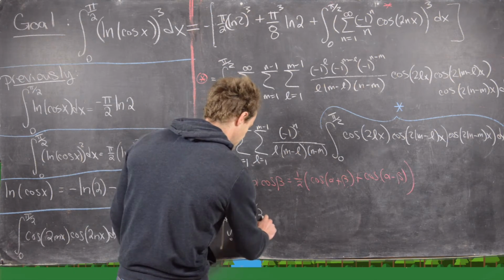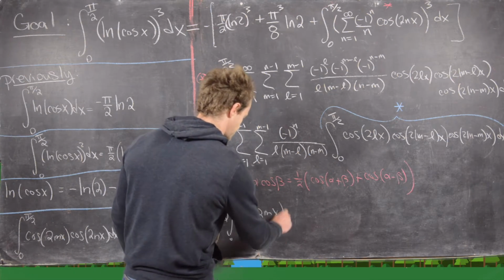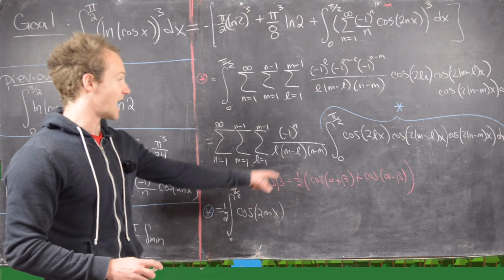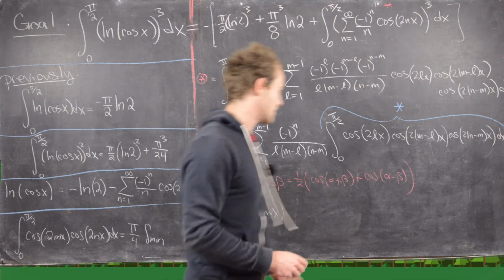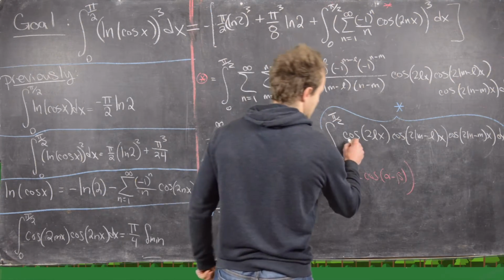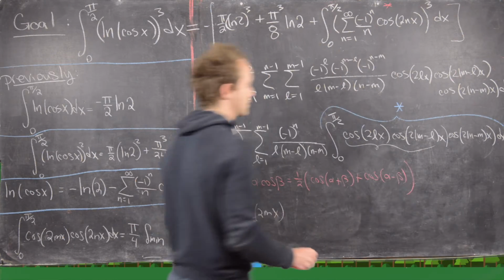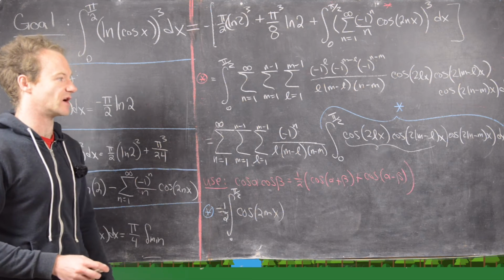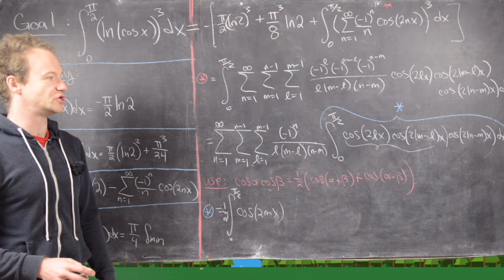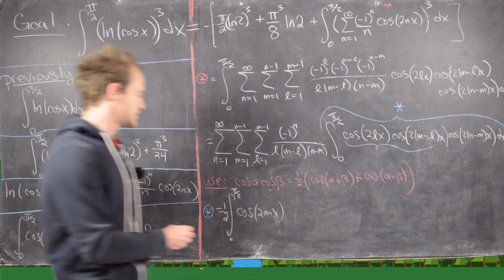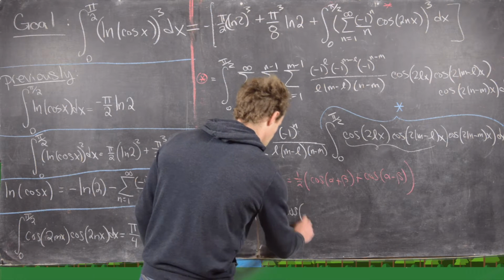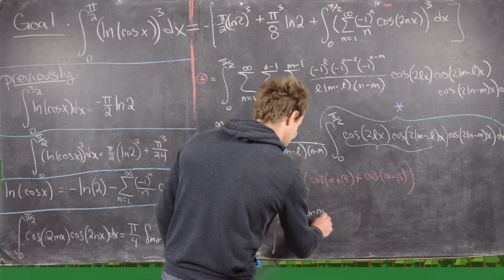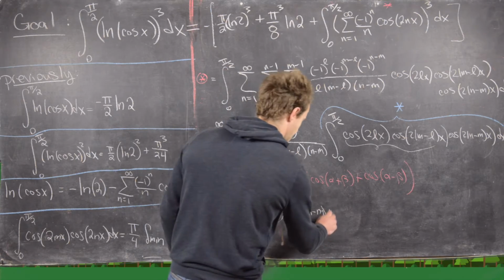So that's going to give me 2mx. And now I'm going to have times this guy right here. Because I'm simplifying these terms using this product to sum identity, they're still going to be distributed onto this cosine of 2 times n minus m. So that's going to give me cosine of 2 times n minus m x.